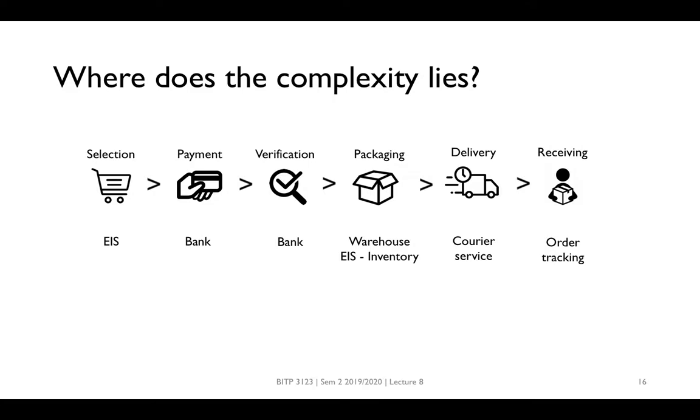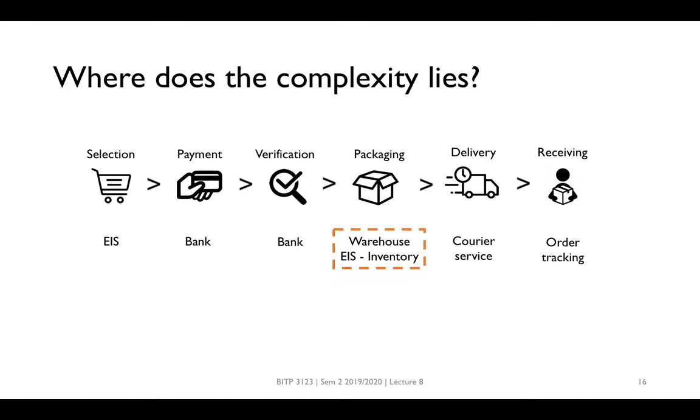For example, EIS need to maintain user information and order information. Then we have third party, which is external to the enterprise, that enables online payment, which is the bank. Inventory systems need to synchronize the order and availability of the item in the warehouse.